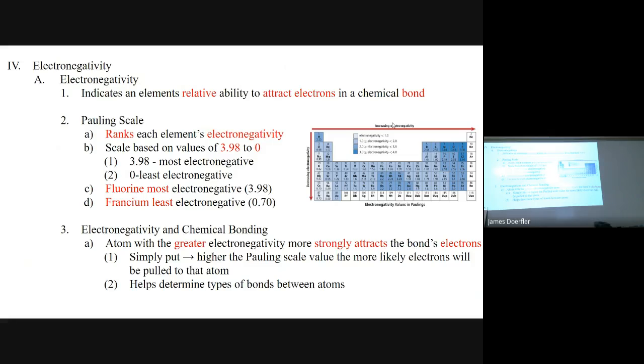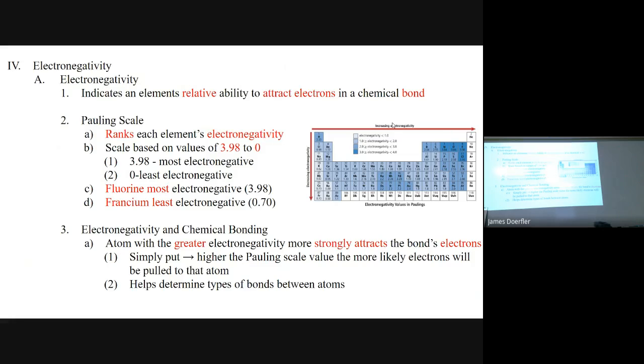We rank the elements based on their electronegativity using what's called the Pauling scale. Okay, this scale is based off of a value of 3.98 to 0. The reason why it goes that way, what I mean by that is it doesn't go from 0 to 3.98, is because electronegativity values are typically negative. So if you have an electronegativity value of 0, you're going to be the least electronegative.